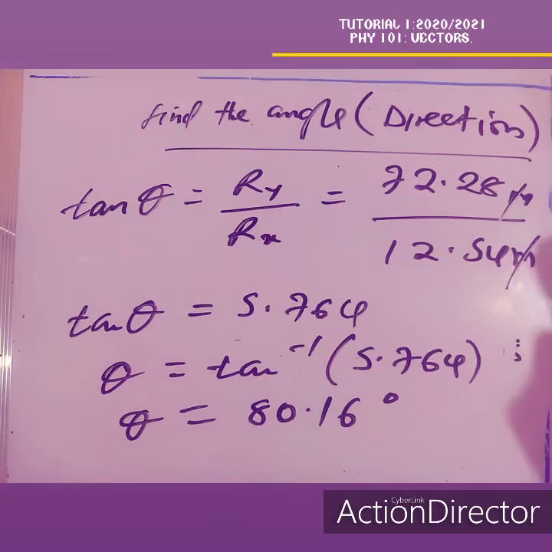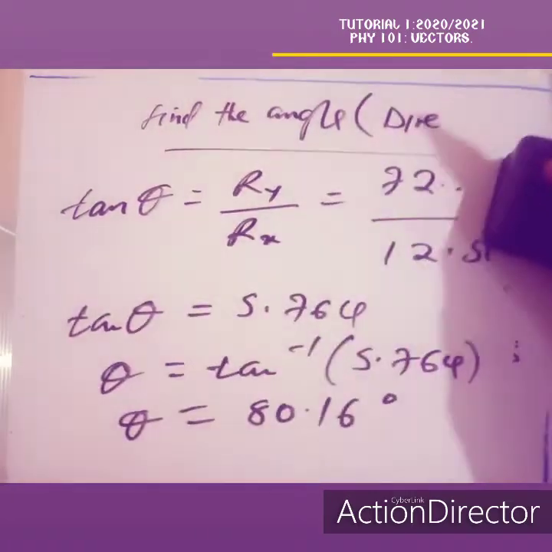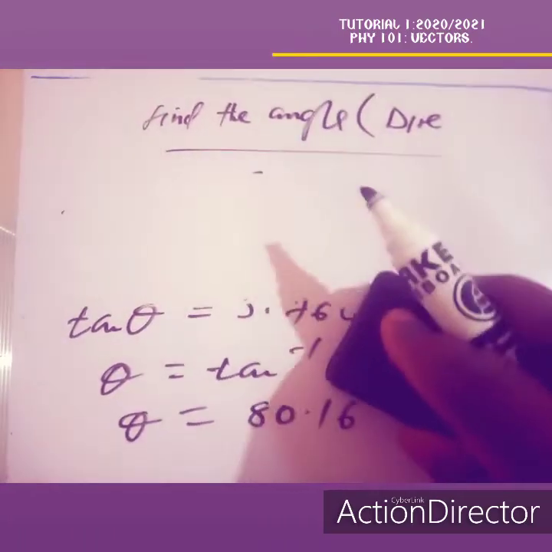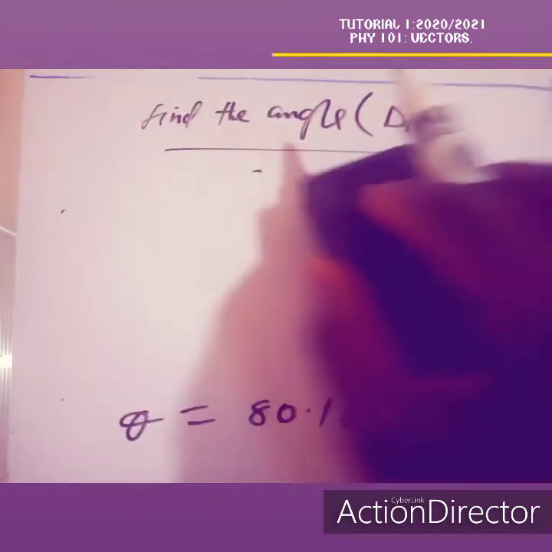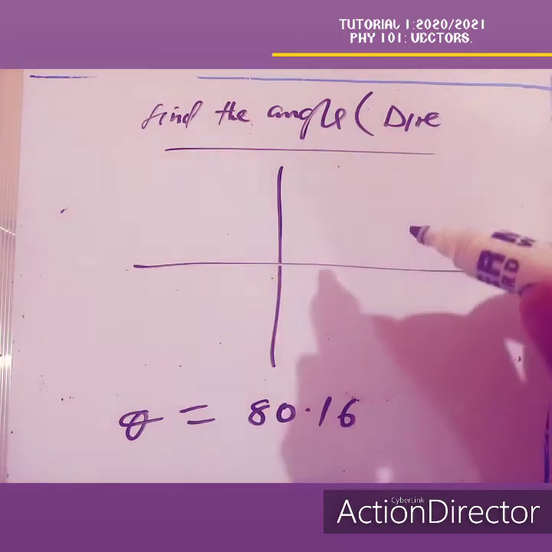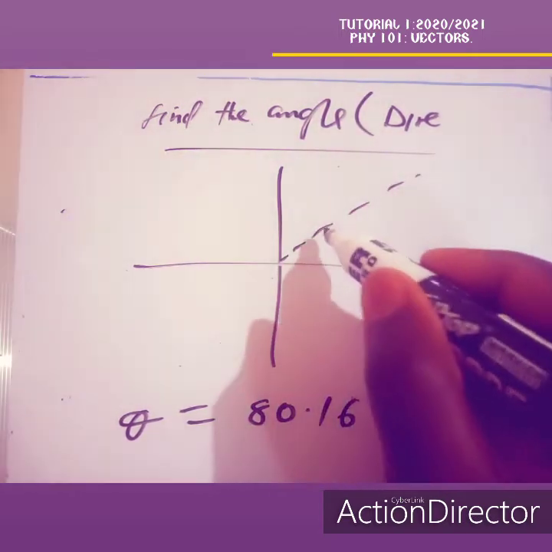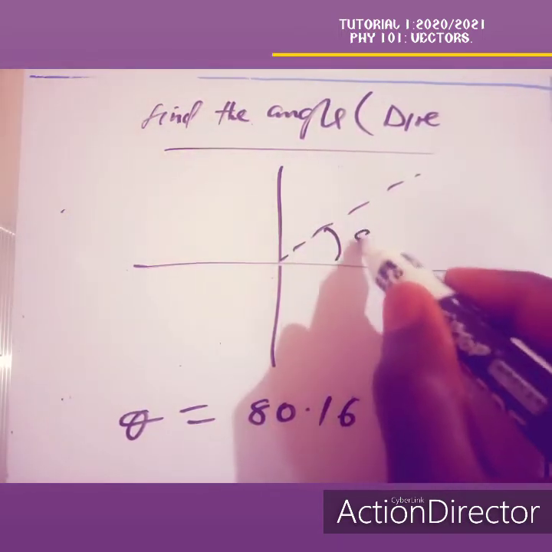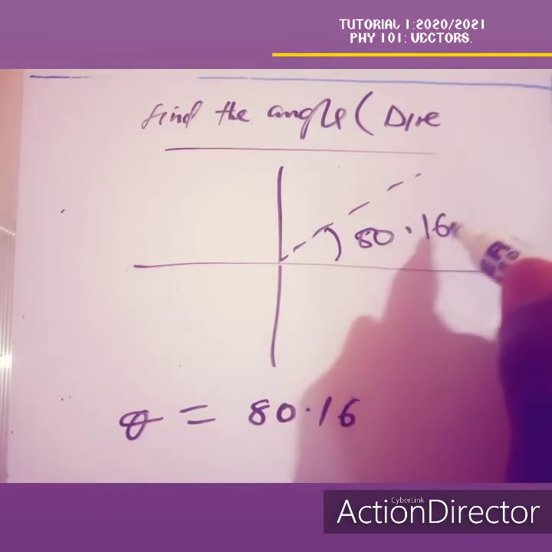Okay, now we need to note that from what we've calculated, so take note of the 80. From what we've calculated, we'll have something like this. So our resultant will be here, 80.16 degrees.